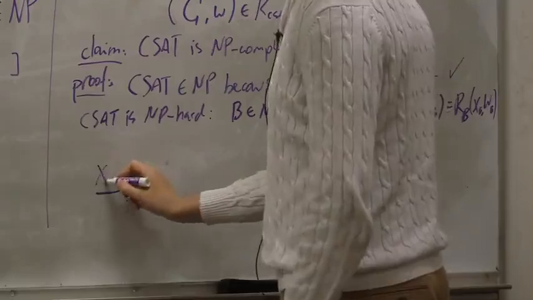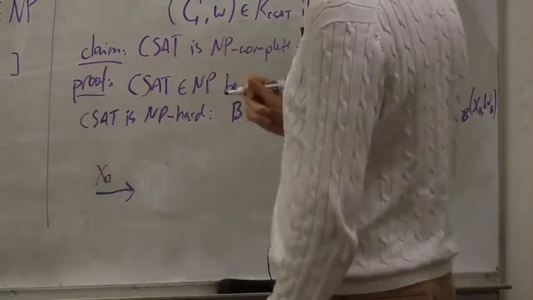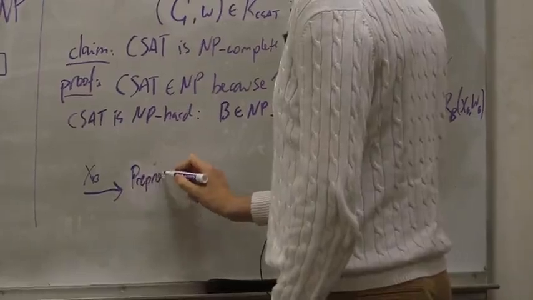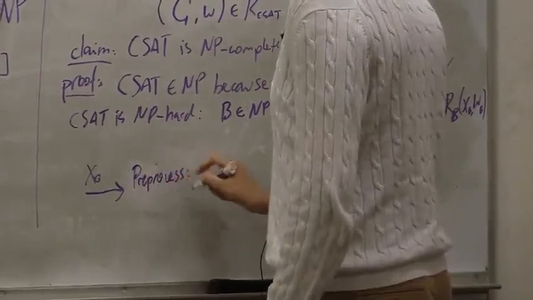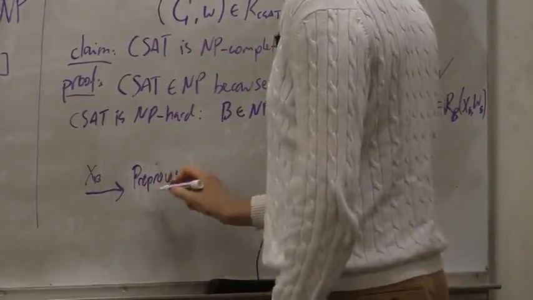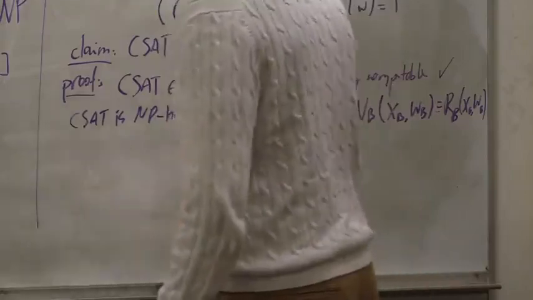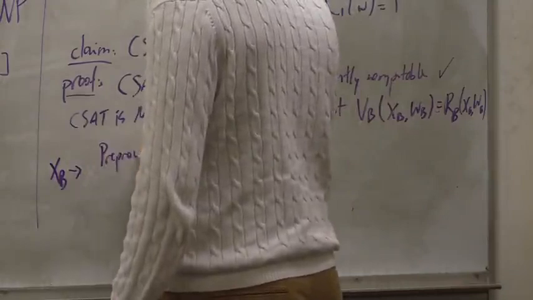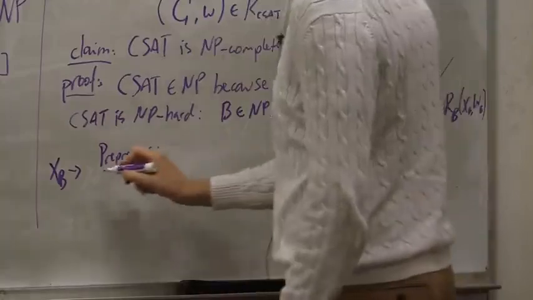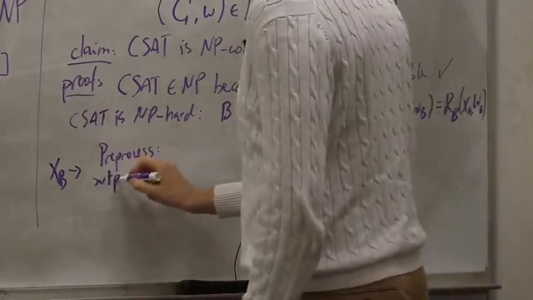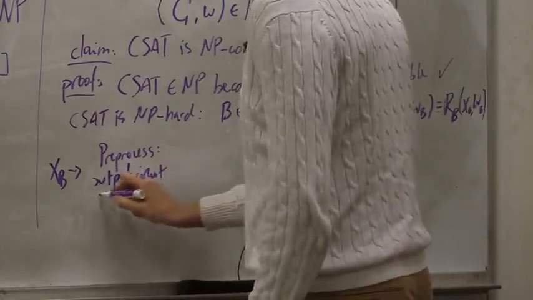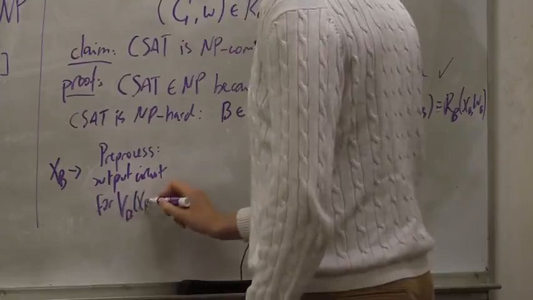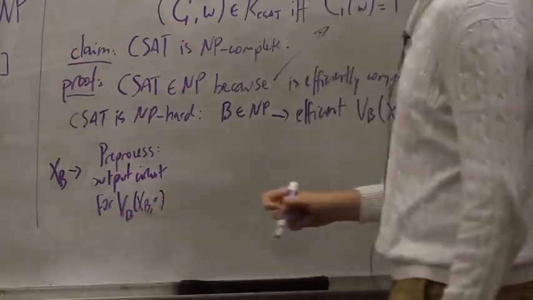Well, I get my instance of B, and I need to decide whether there is a witness for this instance of B. In my preprocessing algorithm for the reduction, I'm going to output the circuit for the computation V sub B of X sub B, and I leave the witness input unbound, right?